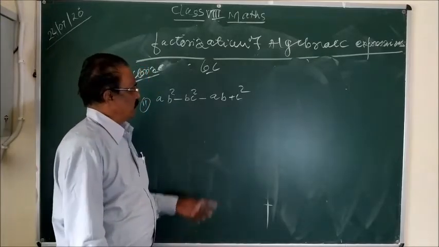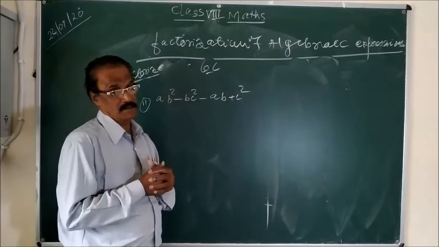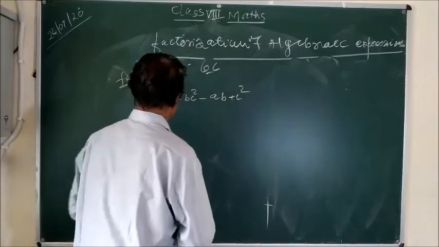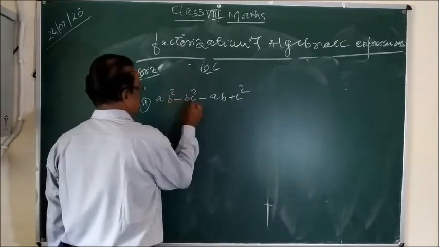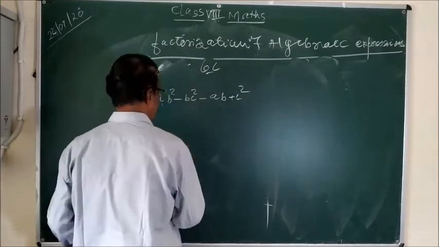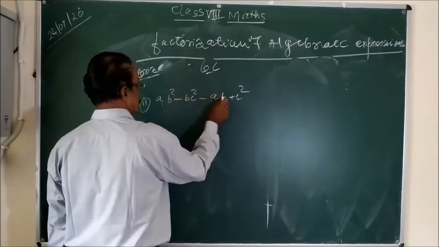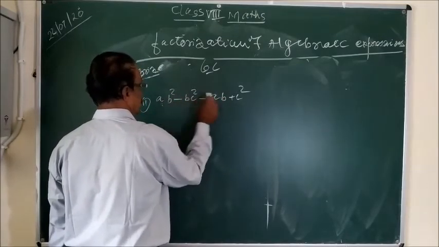First of all, as I explained, you have to group them in suitable terms together. If you take these two, no common is here, so this is not appropriate. Here you can see common is AB.